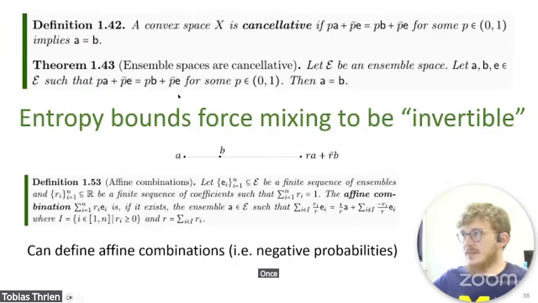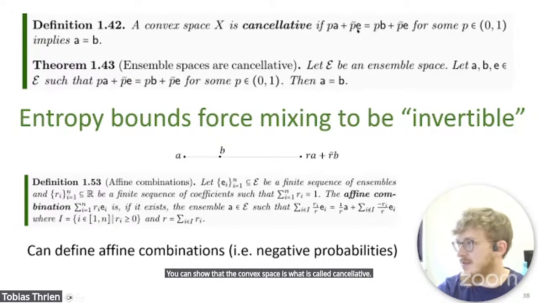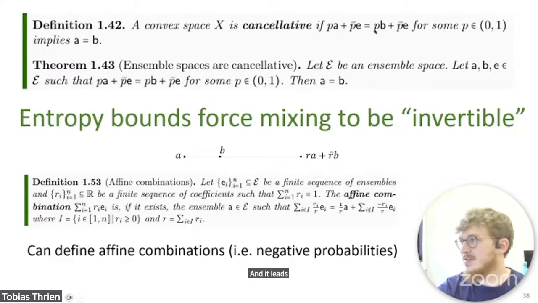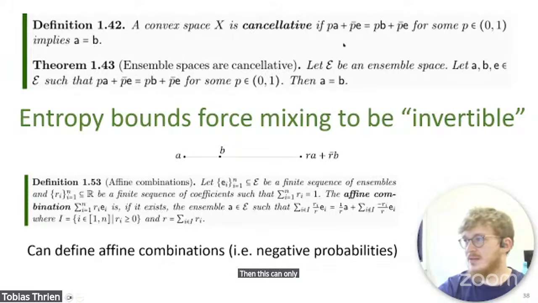Once you have an entropy, you can show that the convex space is what is called cancellative, which basically means if you have one mixture, A and E, and it leads to the same resulting ensemble as mixing B and E with the same coefficients, then this can only happen if A and B are already the same.